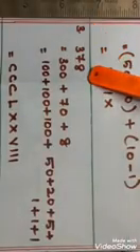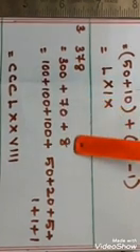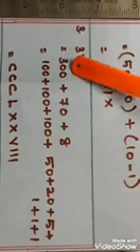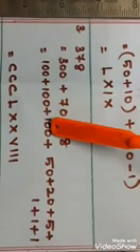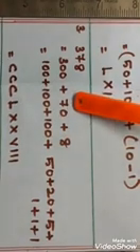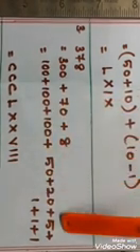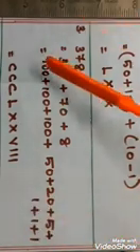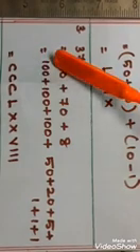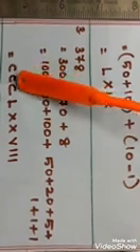378 can be expanded as 300 plus 70 plus 8. In terms of Roman numerals, we can split 300 as 100 plus 100 plus 100 and we can split 70 as 50 plus 20 and then 8 can be split into 5 plus 1 plus 1 plus 1. For 100 we have the symbol C. So we can write C, C, C, 3 times 100.